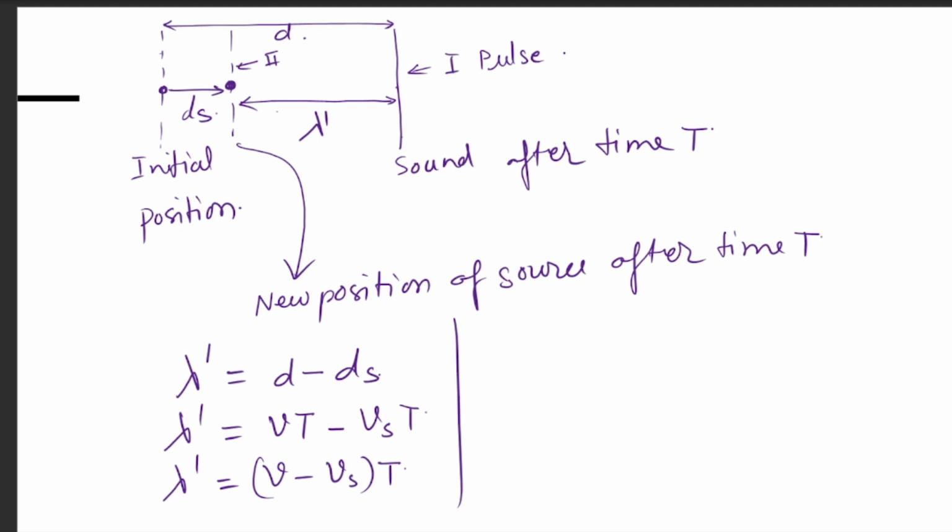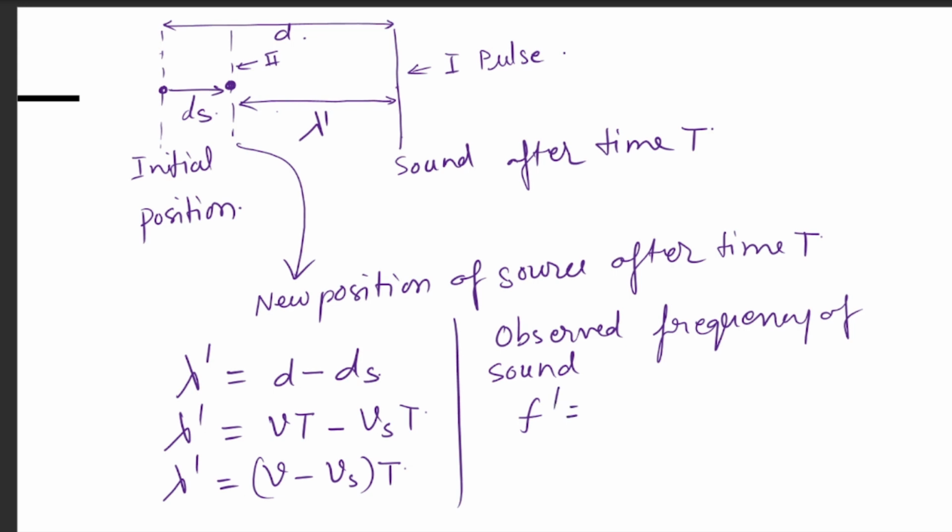As the wavelength has changed, the speed of sound is not going to get affected. So frequency must change. So the observed frequency of sound, f dash, would be v by lambda dash. And what is v here? v is the speed of sound, and lambda dash is the observed or new wavelength which is happening because of the speed of the source.